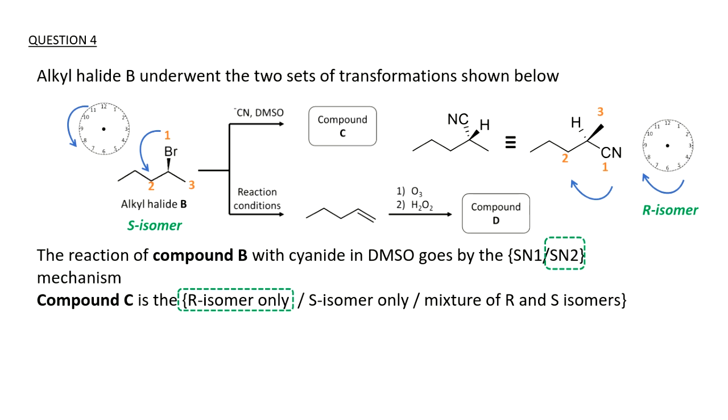Let's start with compound C. So given the reagents that are being used, 1, we have a secondary alkyl halide. 2, we are using a very strong nucleophile, which is cyanide. And we're using an aprotic solvent, which is DMSO.